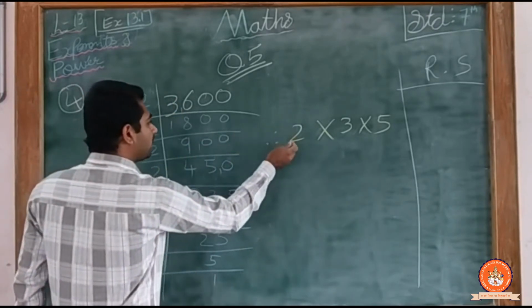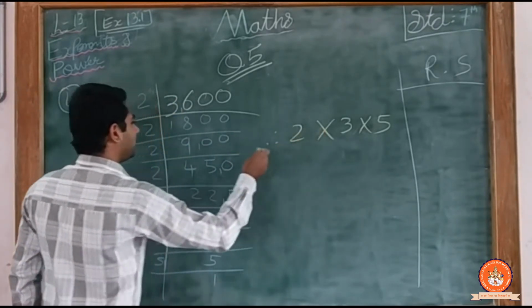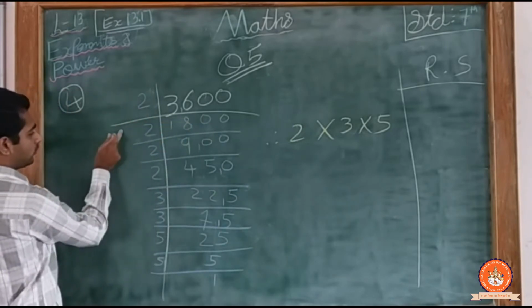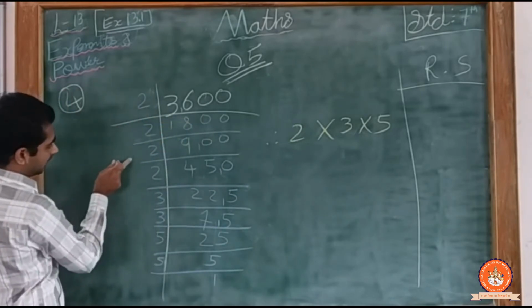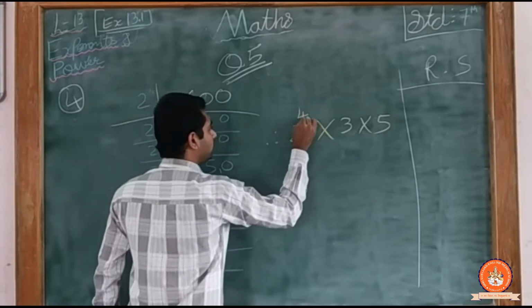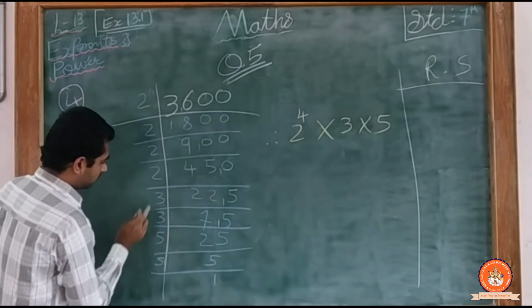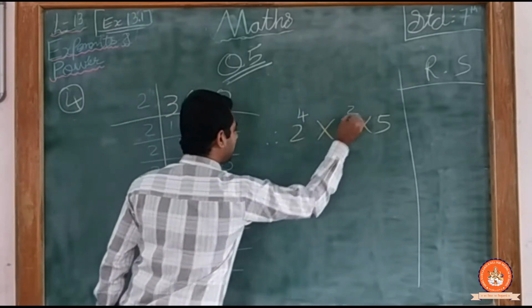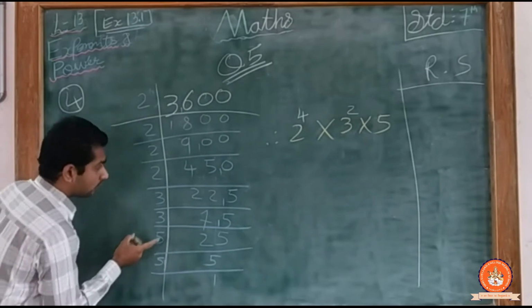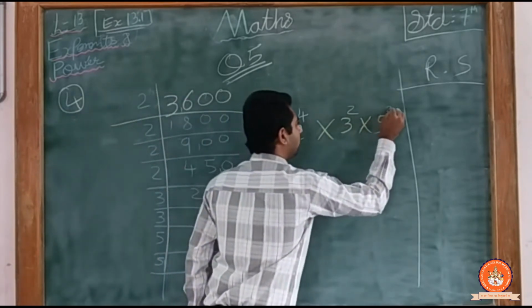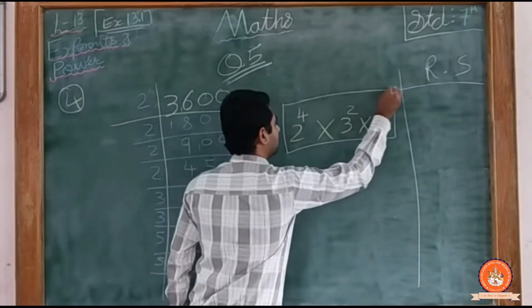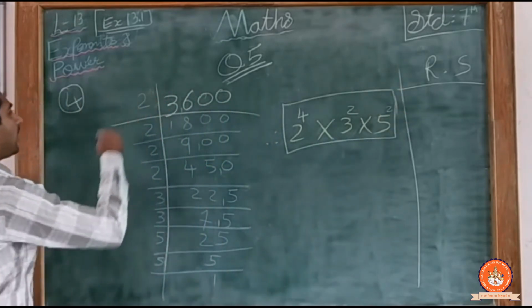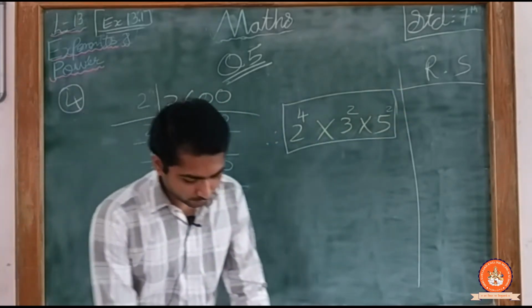How many exponents did we use for 2, 3 and 5? For 2: 1, 2, 3 and 4 exponents. For 3, 1 exponent, and for 5, 1, 2 exponents. So this is my answer for question number 4.